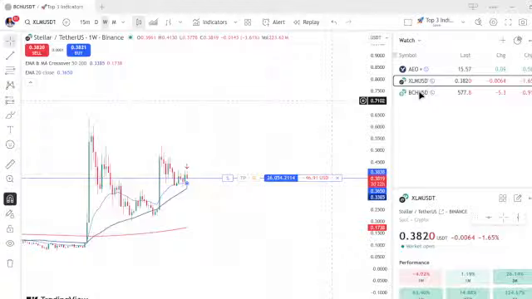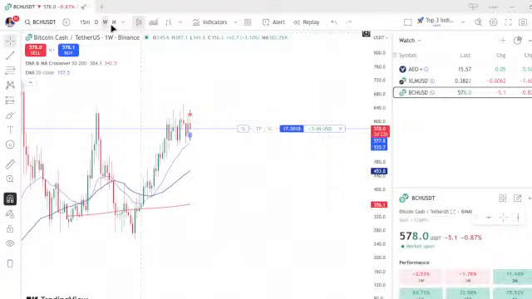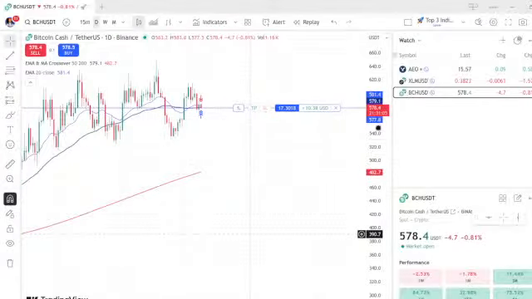Oh, look at that, we have a green or something profitable on Bitcoin Cash. So ideally it should cross the 50-day moving average. If it can go below the 50-day moving average, ideally that's the perfect entry.